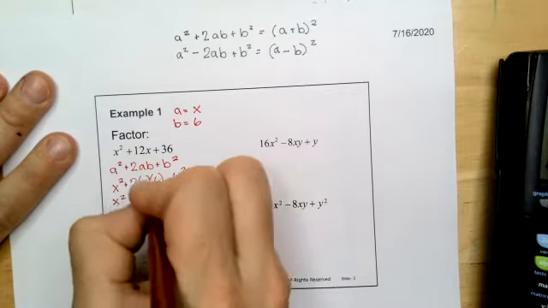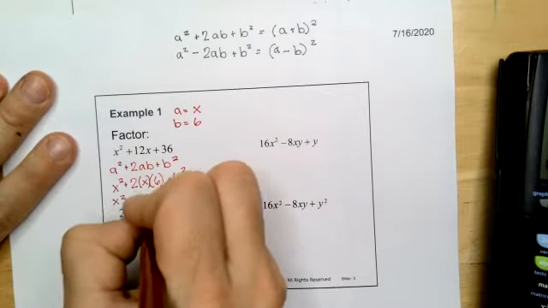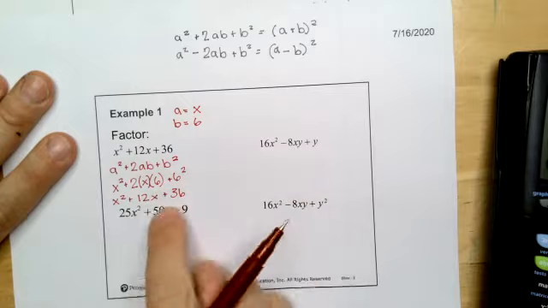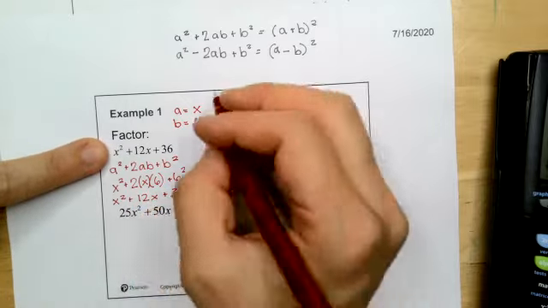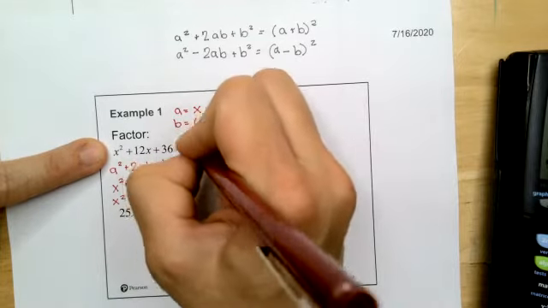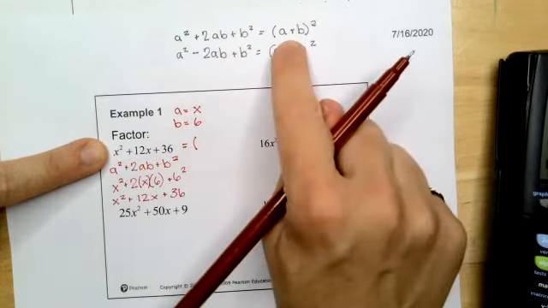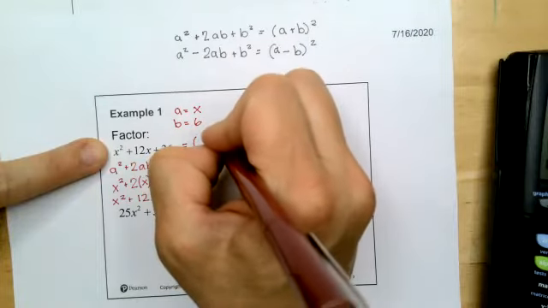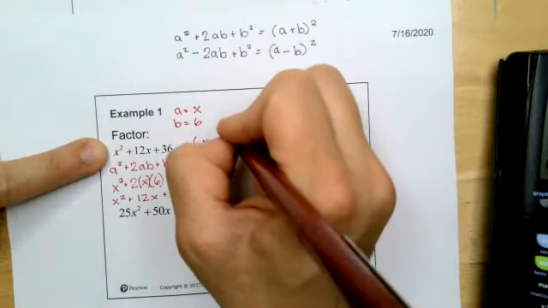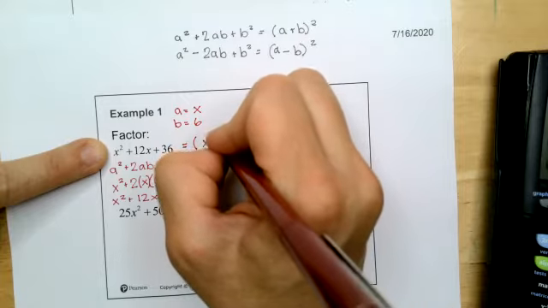X squared plus 2 times 6 is 12 plus 36. So that is true. So that means I can factor it to a plus b squared. A is x, b is 6, not b squared.